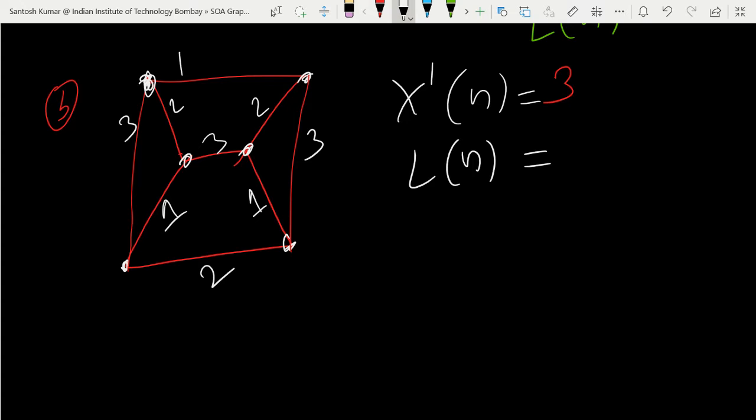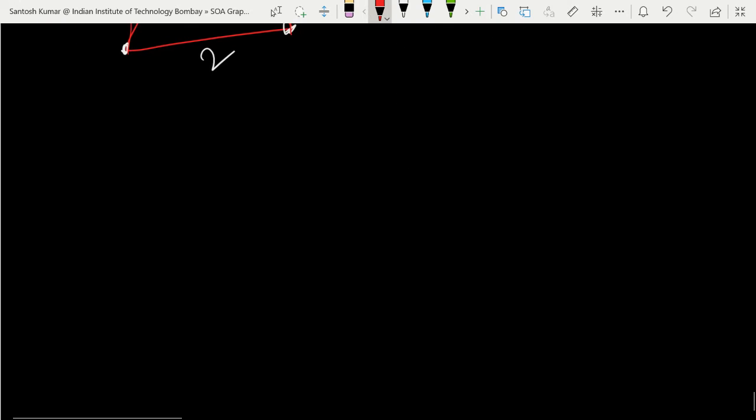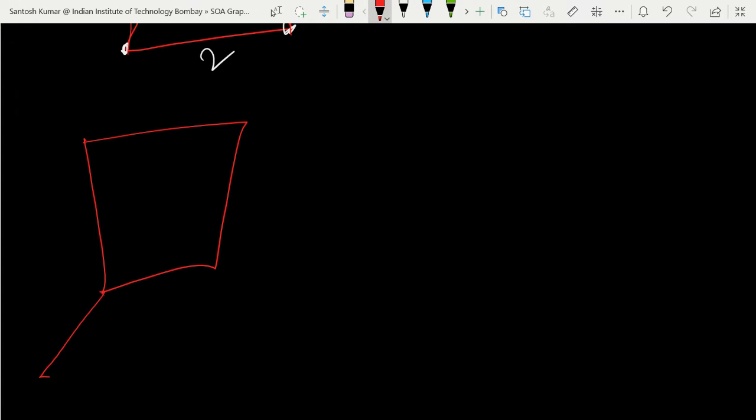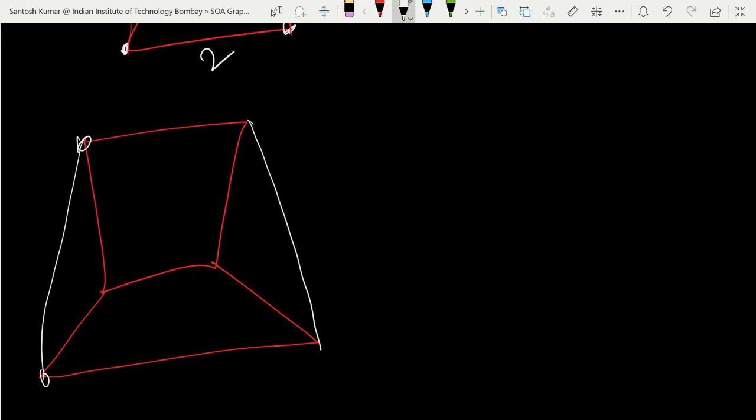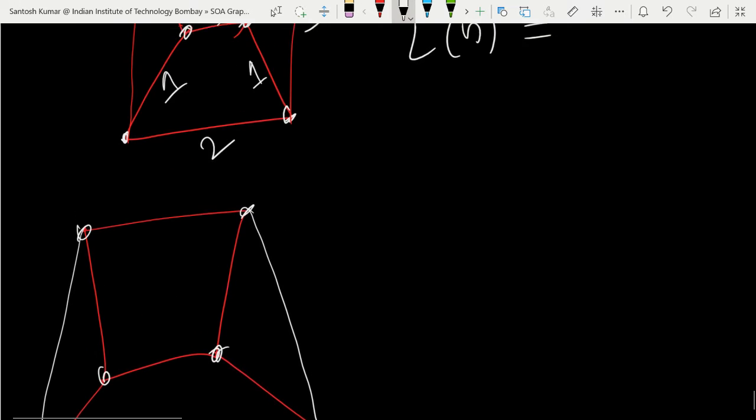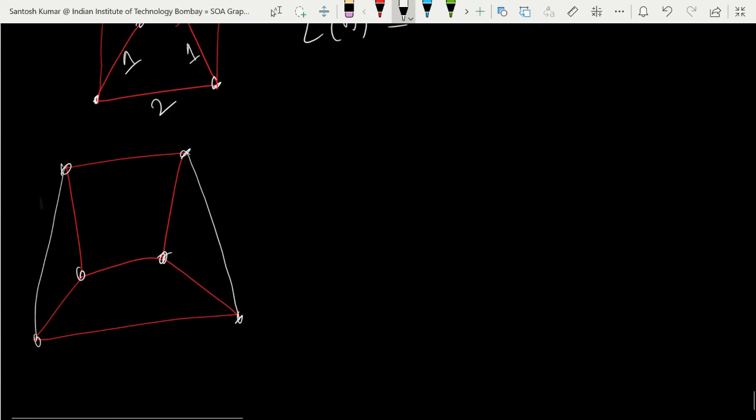Okay, that is fine. In the line graph, corresponding to each edge you will take a vertex. So almost this is the same graph.